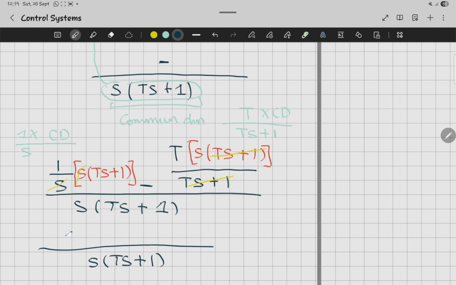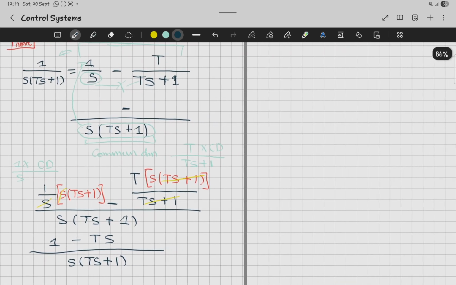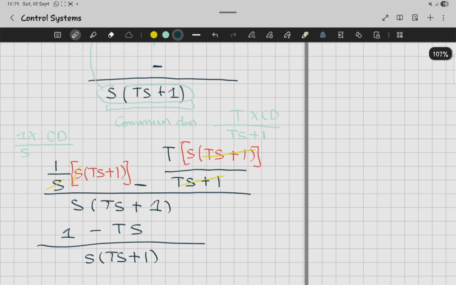Okay, so it's going to be 1 negative ts. This is what we're going to get here. And don't forget that there is a plus ts inside there. Okay, this one is going to give us what you see here, and this one is going to give us what is going to remain here.